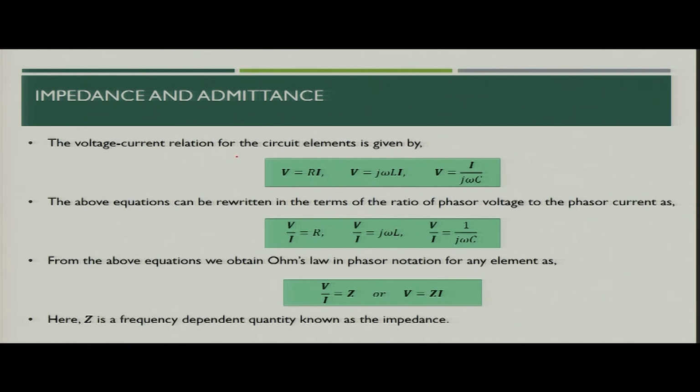Now, voltage current relation which we have discussed till now was something like this. We had V, that is phasor value, is nothing but R into I phasor. This was for the case of resistor.